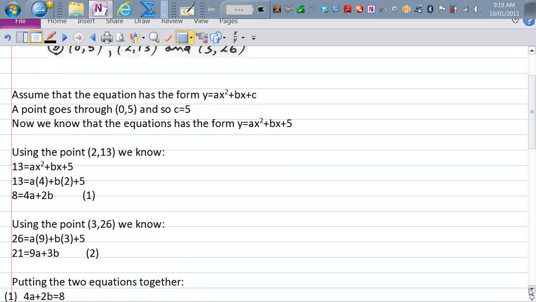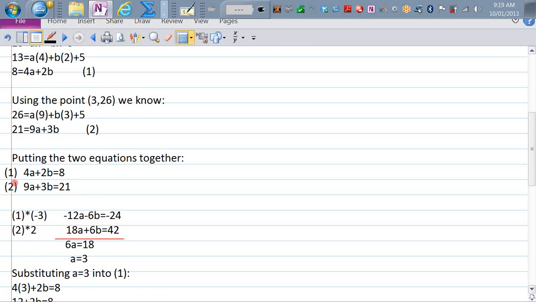Put them together right here: 4a plus 2b equals 8, and 9a plus 3b equals 21. We're going to multiply equation 1 by minus 3, each term, so we get minus 12a, minus 6b, and minus 24.